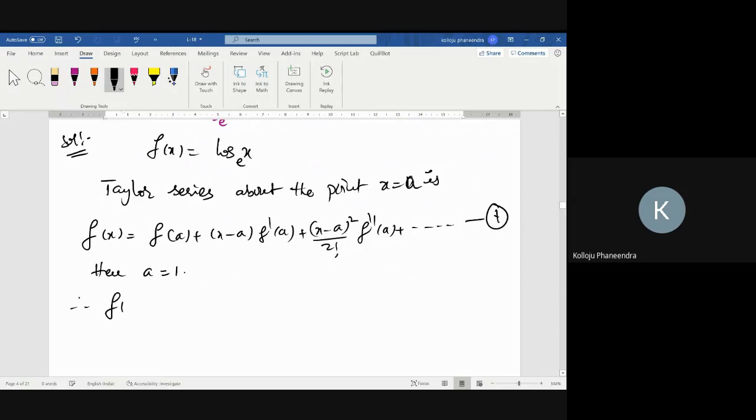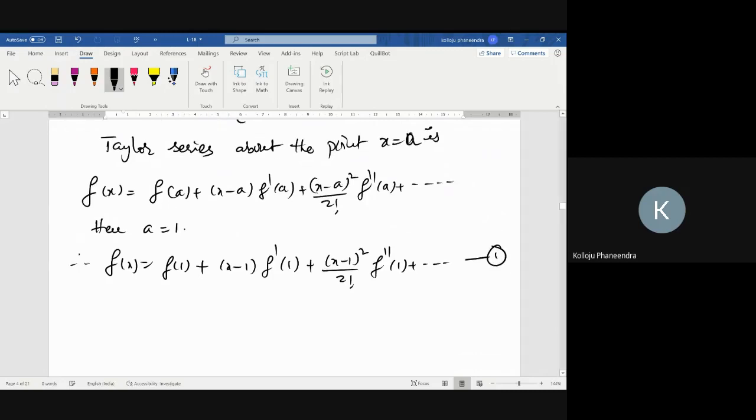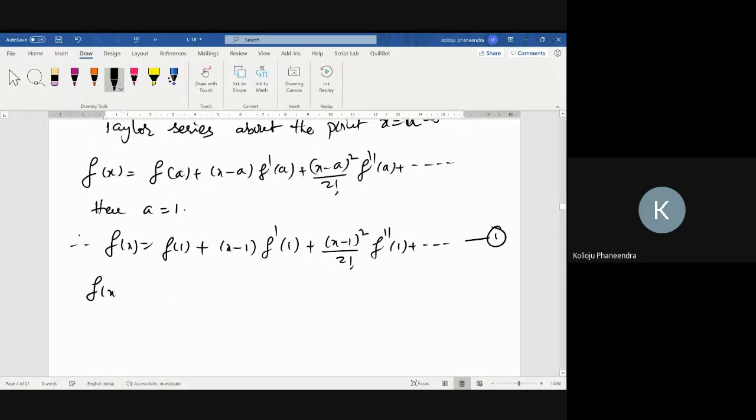Therefore f of x equal to f of 1 plus x minus 1 into f dash 1, x minus 1 whole square by factorial 2 f double dash 1, and so on. This is equation 1. So let me calculate one by one. f of x equal to log x to the base e.